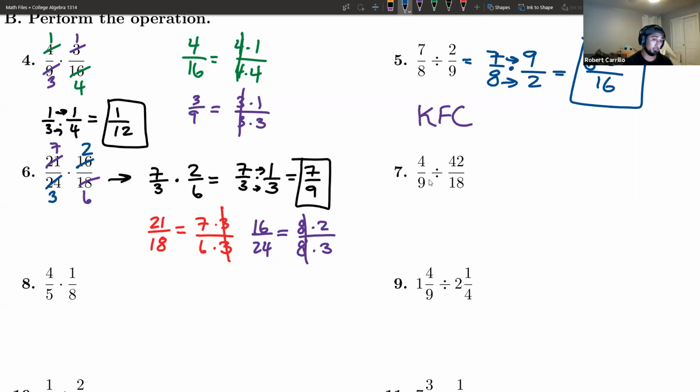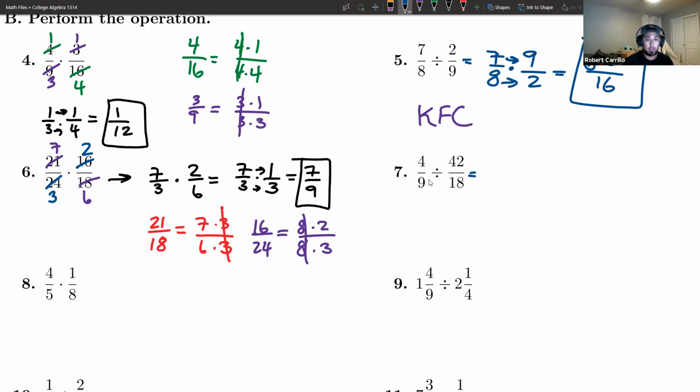Number 7 is just like the one above it, number 5. You have 4/9 divided by 42 over 18. So once again, we need to take the fraction on the right and multiply by the reciprocal. So we KFC this thing.